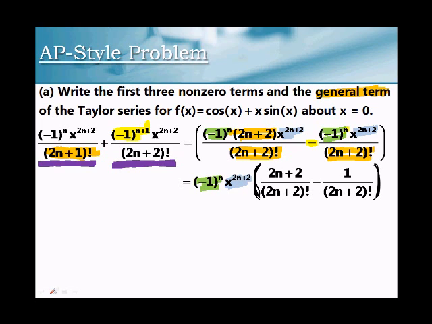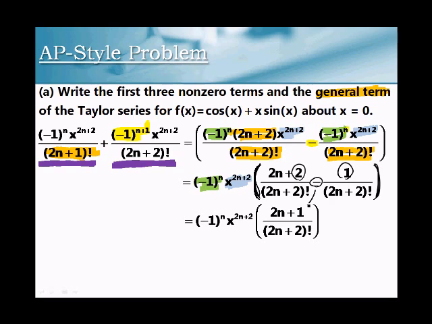And when I put those guys together, all I have to do is the 2 minus the 1, and I get 2n plus 1 for my numerator. And there it is. Negative 1 to the n times the quantity 2n plus 1 times x to the 2n plus 2 over 2n plus 2 factorial. Now this one's a little bit over the top.